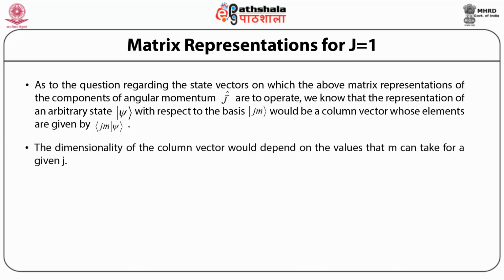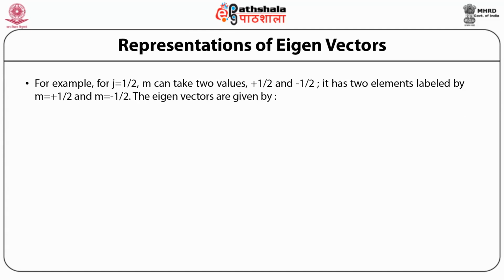The dimensionality of the column vector would depend on the values that m can take for a given j. For example, for j is equal to 1 by 2, m can take two values, that is plus half and minus half, and it has two elements which are labeled by m is equal to plus 1 by 2 and m is equal to minus 1 by 2.